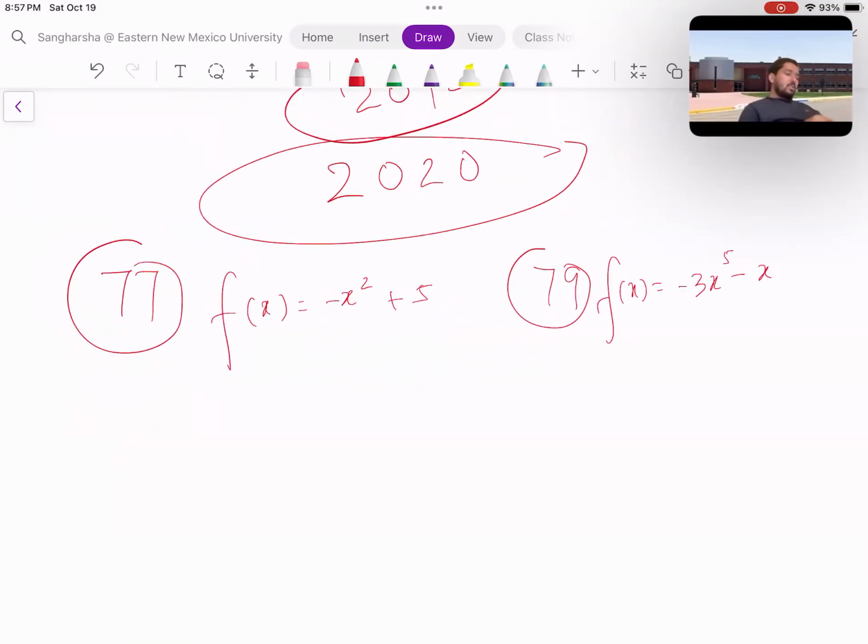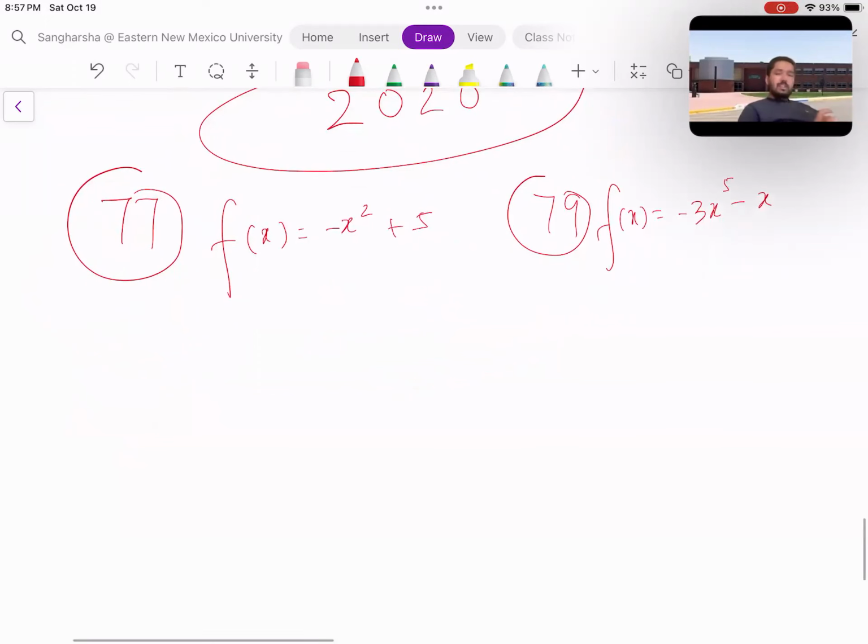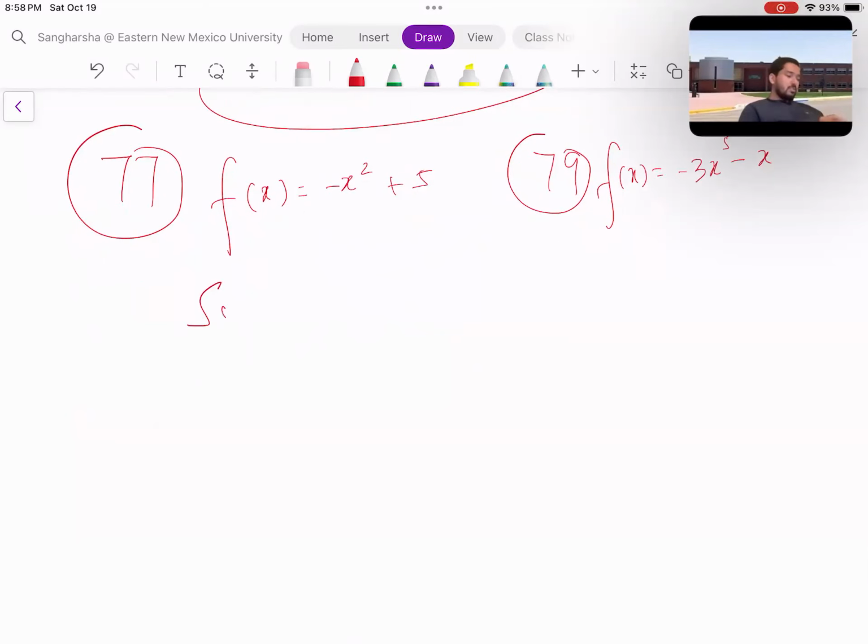Whenever you are asked to decide whether the function is even or odd, there is a very common step. You substitute negative x for every x in the function, for both of these functions.